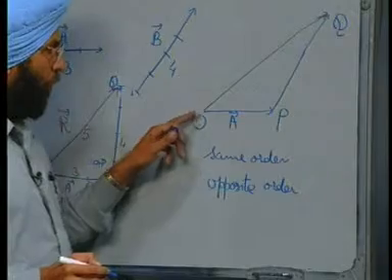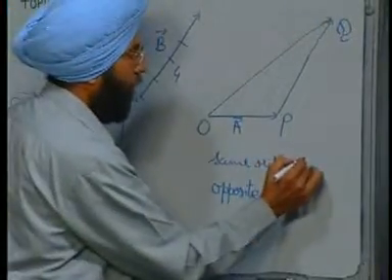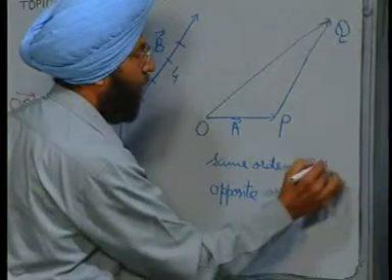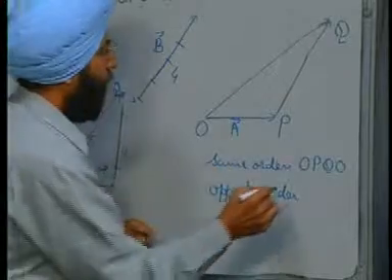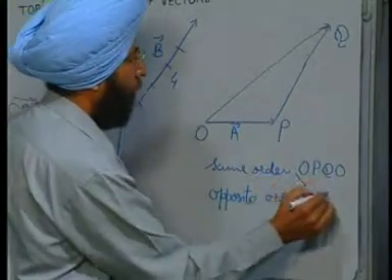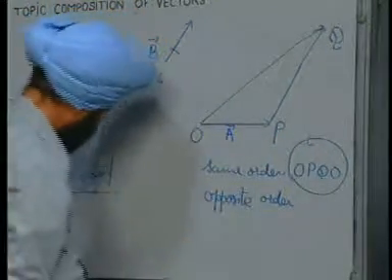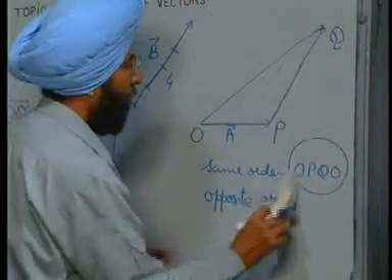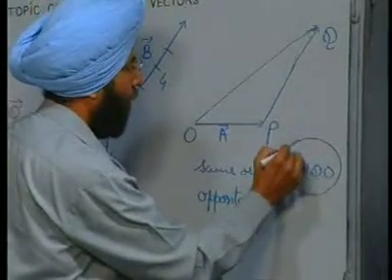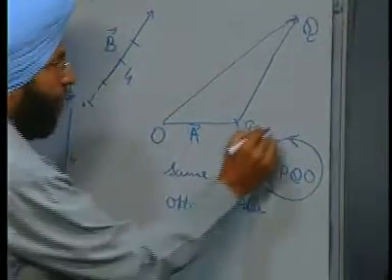When we moved from O to P and Q, the order was O, P, Q. When we move from Q back, we have moved O, P, Q. This is anti-clockwise order.